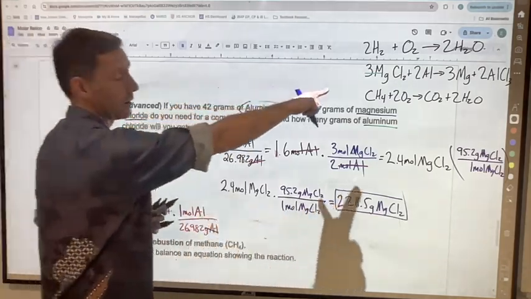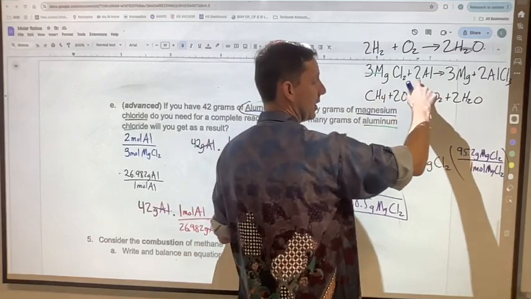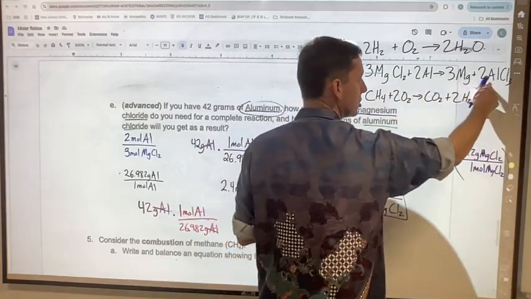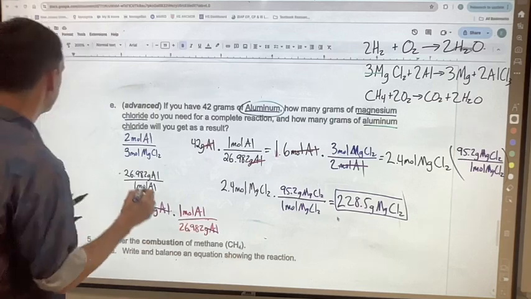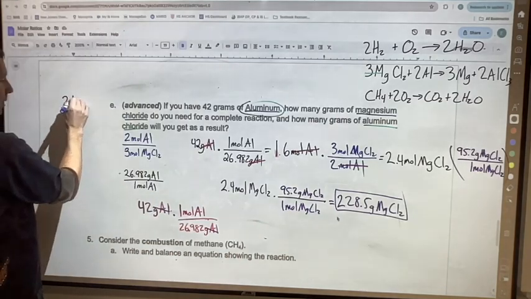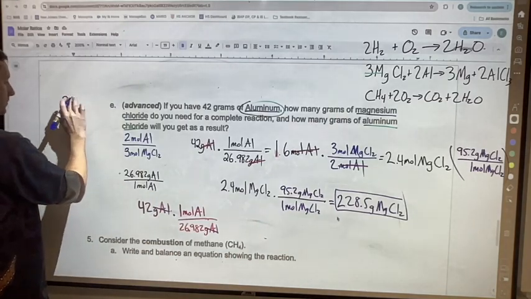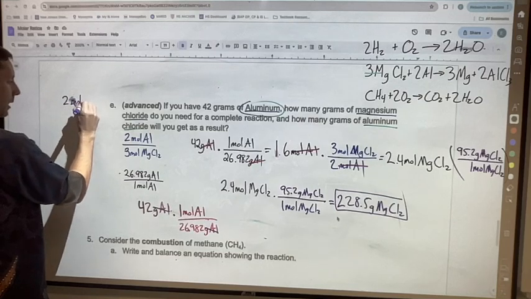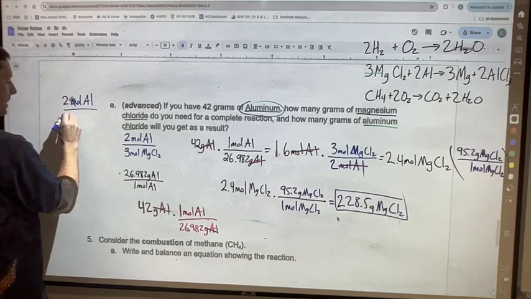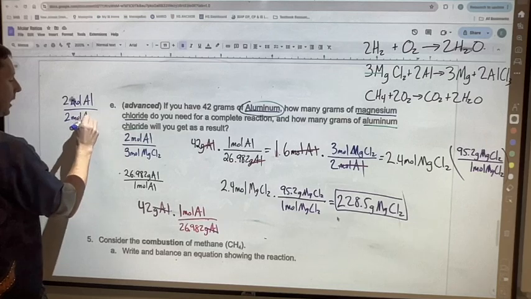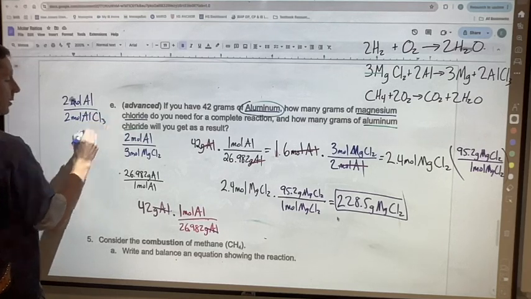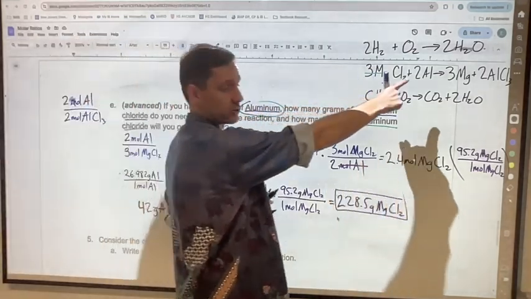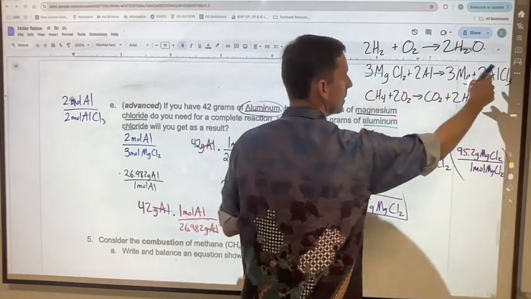So in my equation here, I have 2 aluminums and 2 aluminum chlorides. So I'm going to go 2 moles of aluminum and 2 moles of aluminum chloride, right? That's from my equation right here. 2 of these, 2 of those.